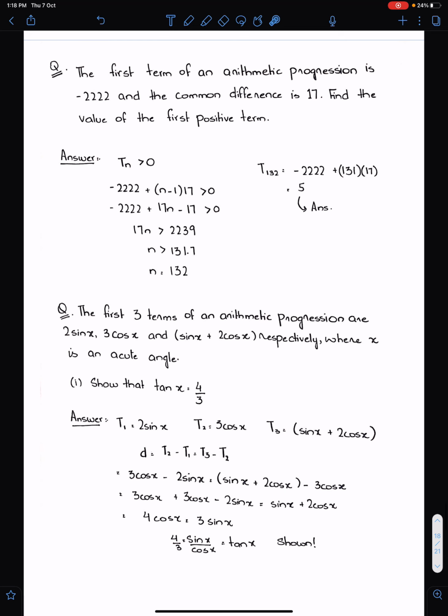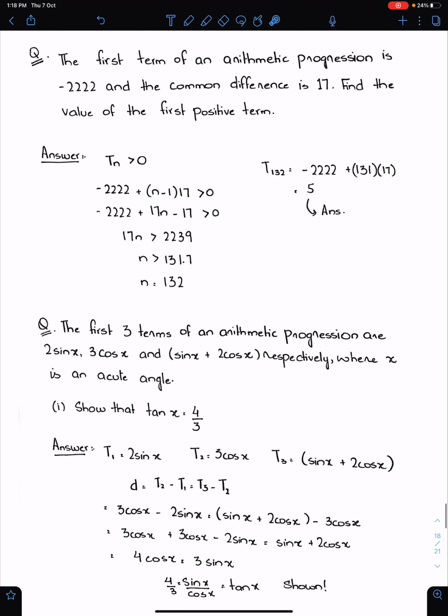Next question. The first term of an AP is minus 2222 and the common difference is 17. Find the value of the first positive term. To get the value of the first positive term, we first need to find n, and we need to use this Tn greater than 0. So A is minus 2222.